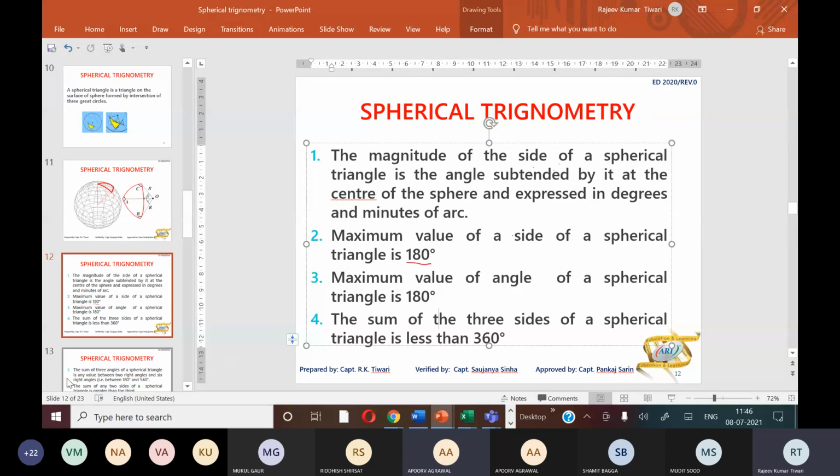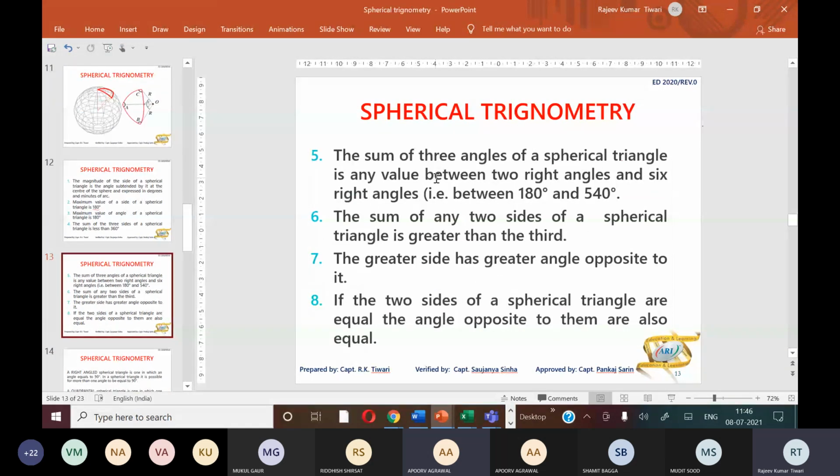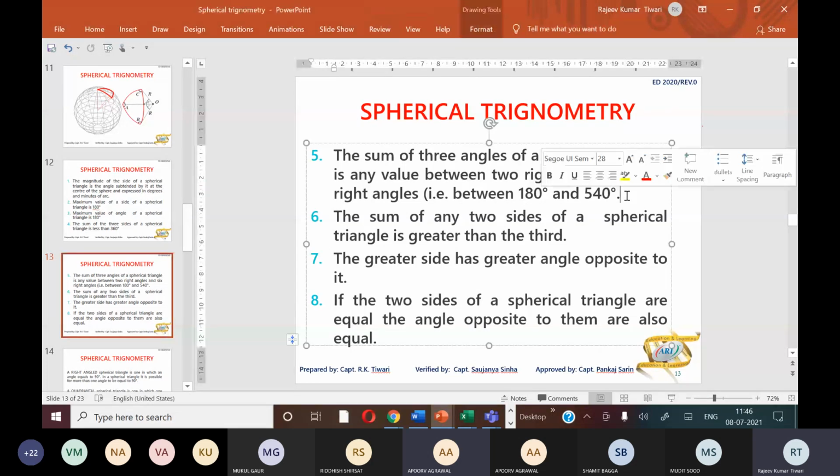But the sum of the three angles of a spherical triangle is any value between two right angles, that is 180 degrees, and six right angles. Remember this. The sum of the three sides is less than 360 degrees.